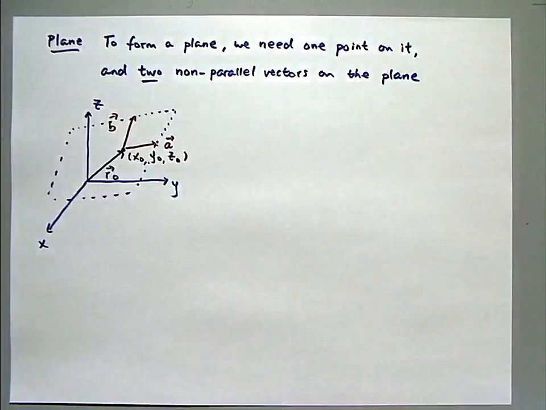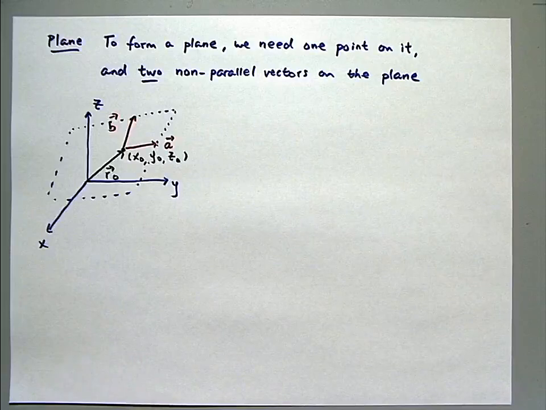Okay, so I use the dotted line to outline the part of that plane. So we've got a plane here with one point that we know and two non-parallel vectors on that plane.